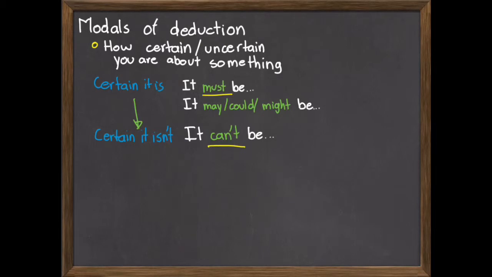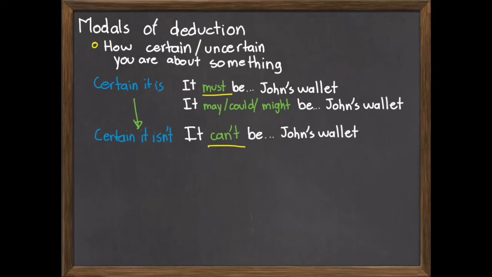So, following this logic, "must be" is the opposite of "can't be." Let's look at an example. If we're talking about John's wallet that we found on the floor, and we're sure that it's John's wallet because it has a picture of him inside, we can say it must be John's wallet because it has a picture of him inside. Now, if we're not sure, we could say it may be John's wallet, but I'm not sure. It could be John's wallet. It might be John's wallet.